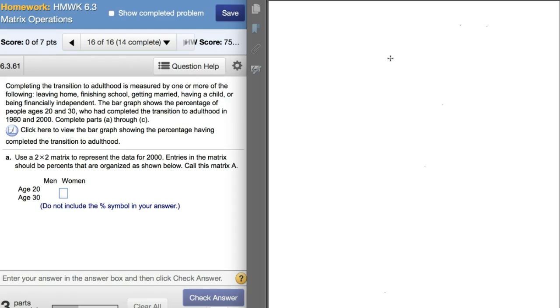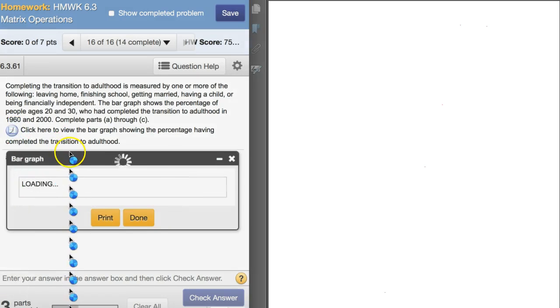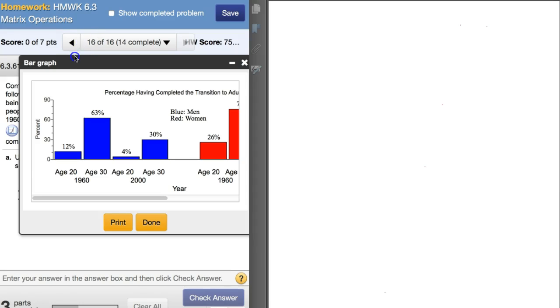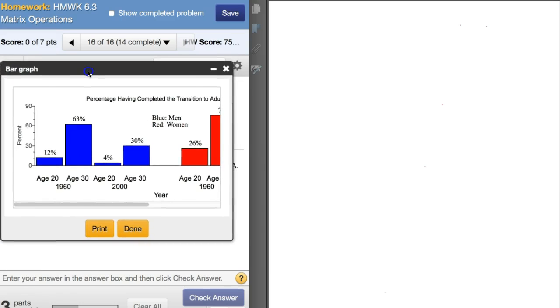And the first thing that we're asked to do is to use a 2 by 2 matrix to represent the data for the year 2000. And so to figure out what we've got going on here, we need to click on this to see what's happening. So if we look here, we see that the blue is just the men and the red is the women.